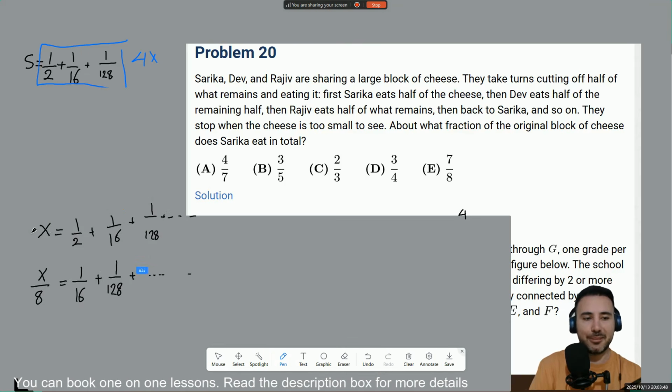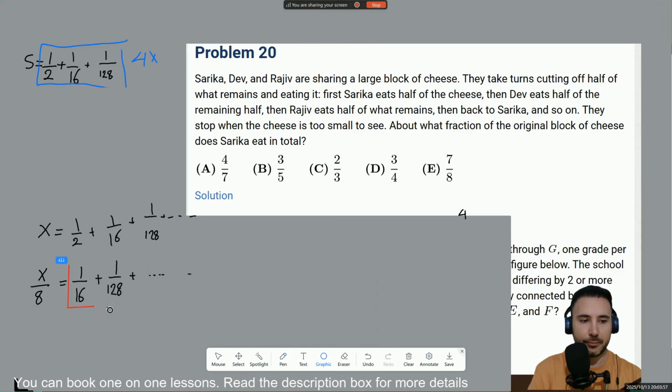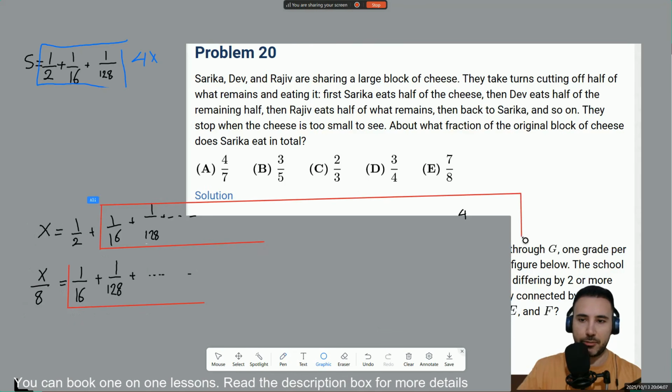By the look of these equations, we could find X quickly. Why? Because this part is exactly this part. So instead of whatever this is that will continue forever, all of this is actually X over 8.